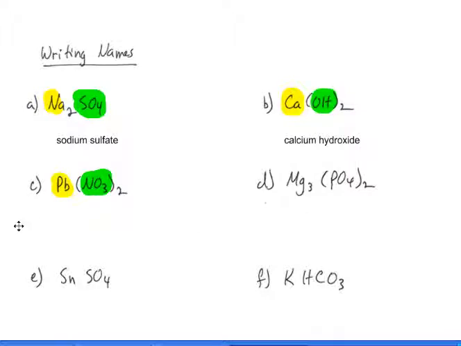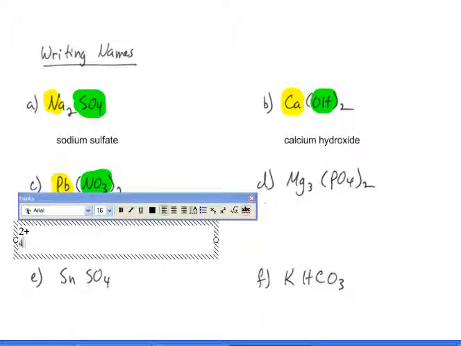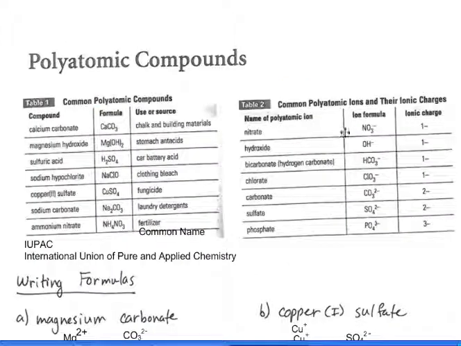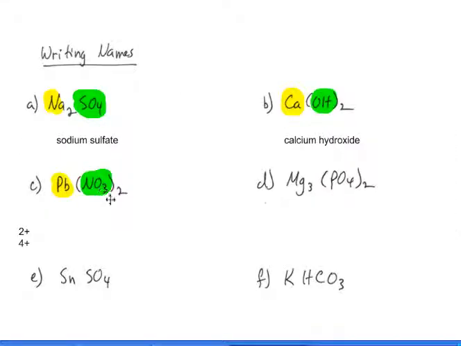So I'm just going to write that here. Is it 2 positive or 4 positive? We don't know at this point. The key here is to look at what it's paired up with. Nitrate. If you look back, nitrate is 1 negative charge, and it looks like we have 2 of them. So 1 negative and another 1 negative would give me a total of 2 negatives.